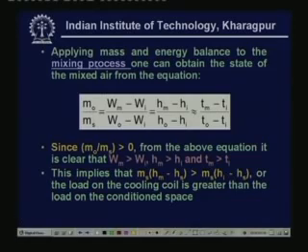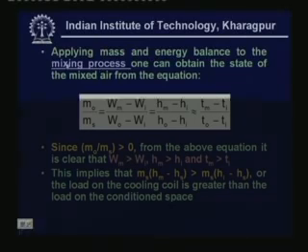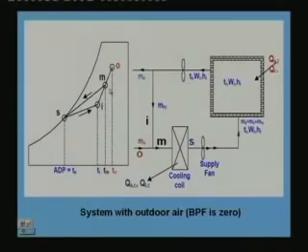This we have seen in the earlier lectures: when two air streams are mixed, how do we find the exit condition? So here we have mixing of two air streams.